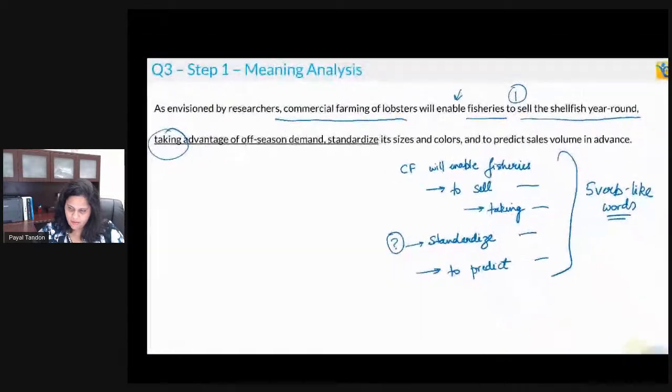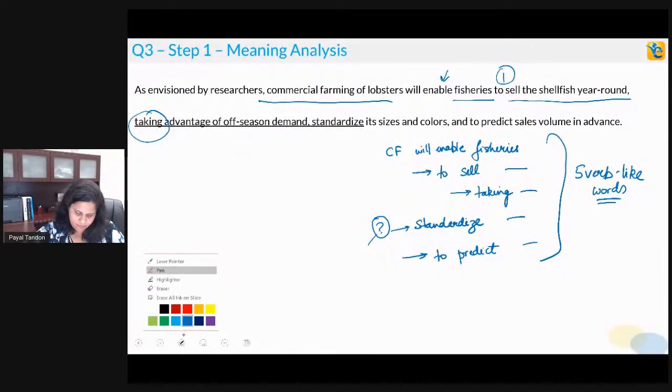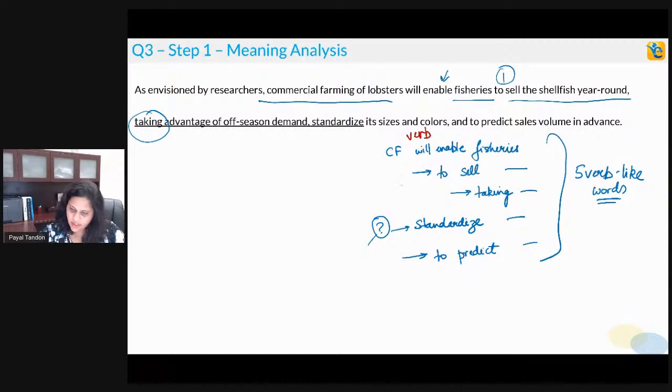This one is a verb here. This one is a to verb. This one is another verb but without any will, and this one is a to verb, and this is a verb-ing. So you have three different forms of verb.